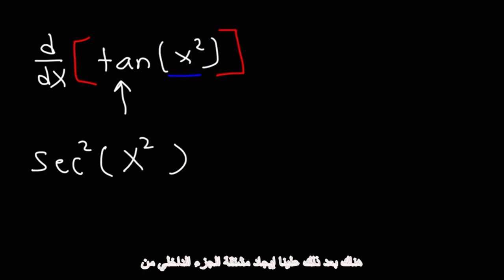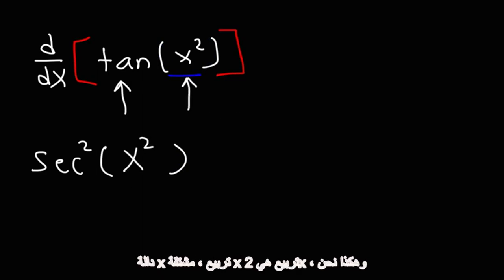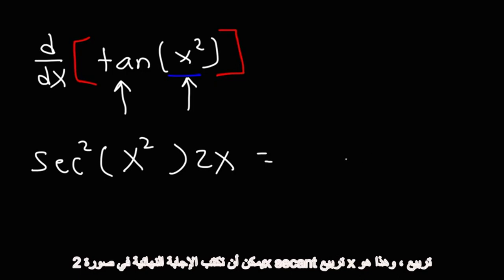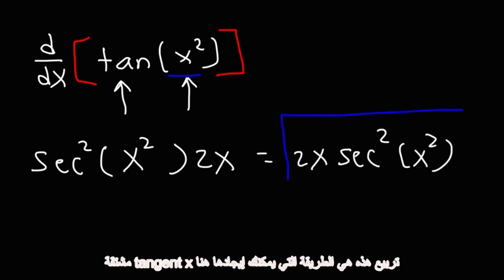Next, we need to find the derivative of the inside part of the function, that is of x squared. The derivative of x squared is 2x. And so we could write the final answer as 2x secant squared x squared. So that is the derivative of tangent x squared. That's how you could find it.